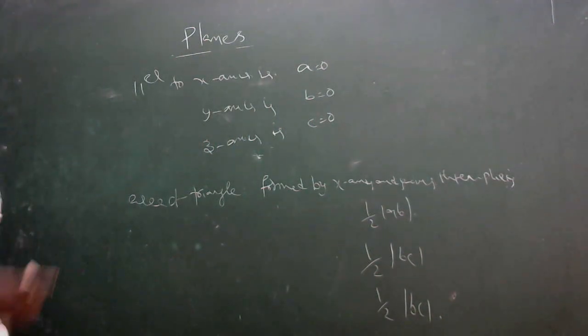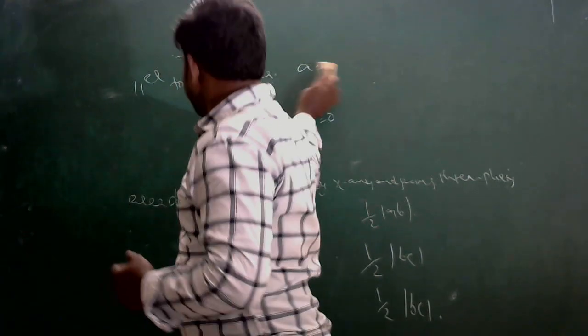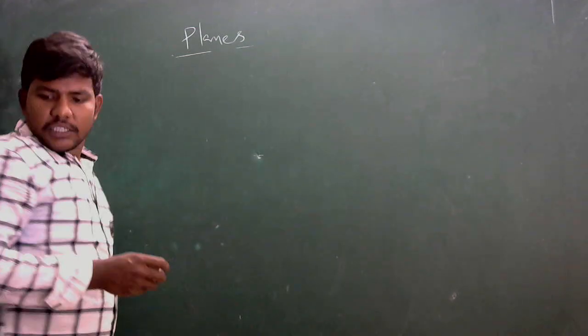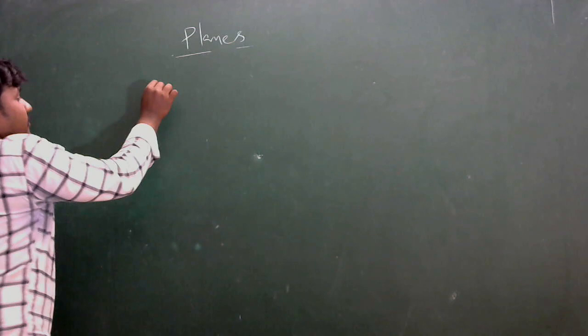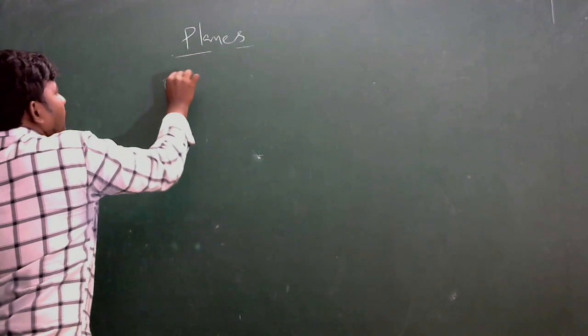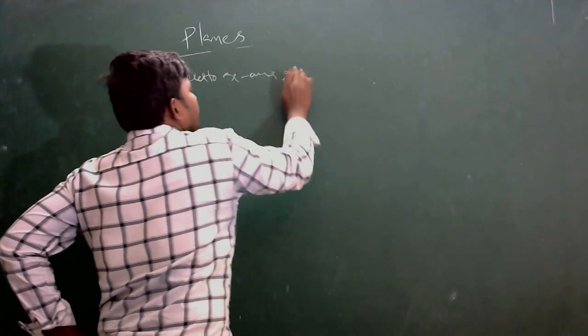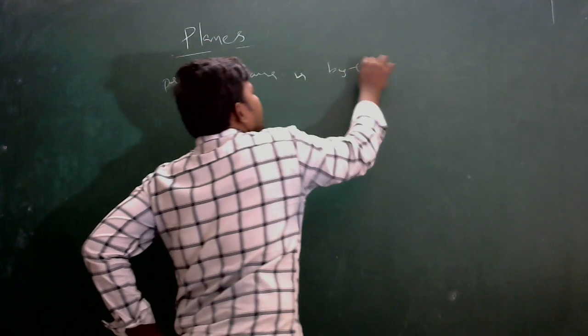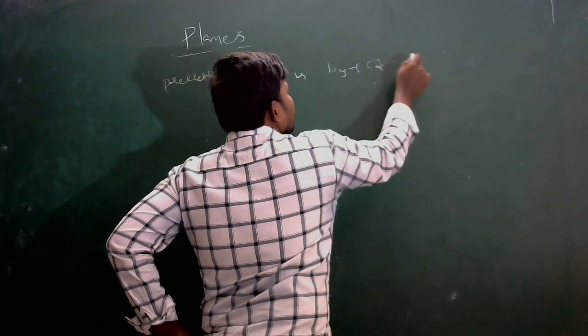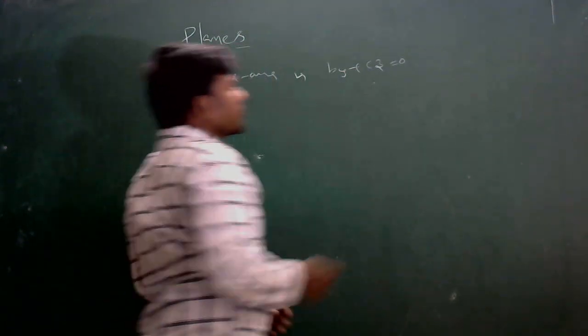Next, the equation of the plane parallel to the x-axis is in the form by + cz + d = 0.